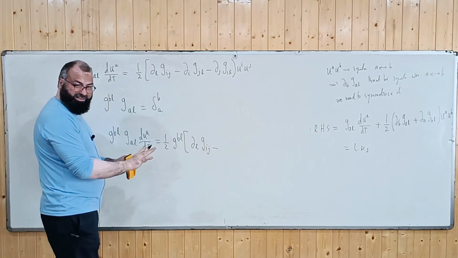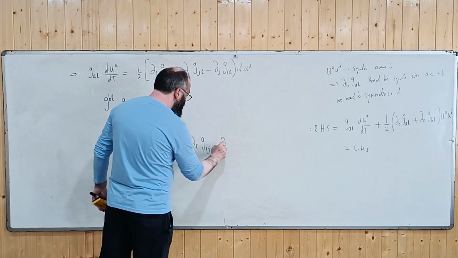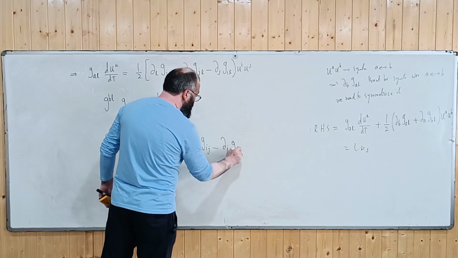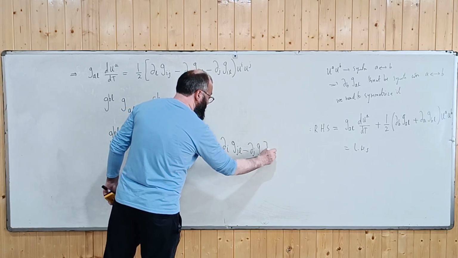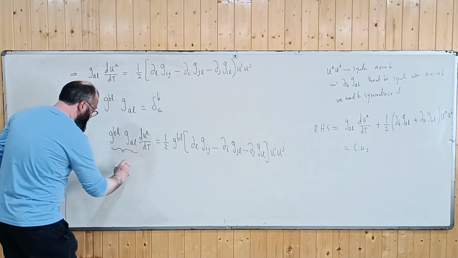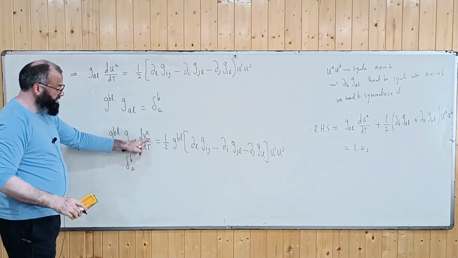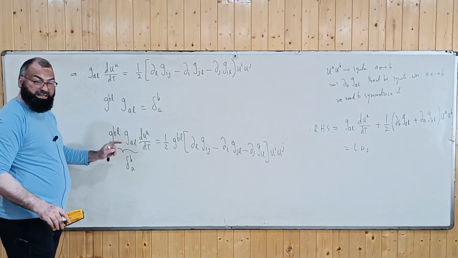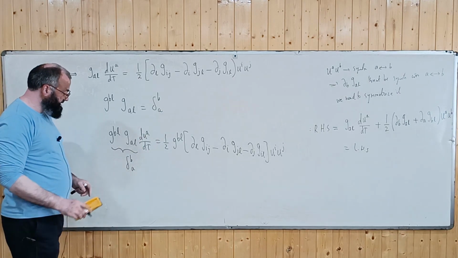I will tell you in a moment; there is a nice way to remember this equation. You don't need to worry. Partial_i G_{jL} minus partial_j G_{iL} U^i. Now what is this object? Delta. When you sum over A, this A will be replaced by B. This is a delta function.